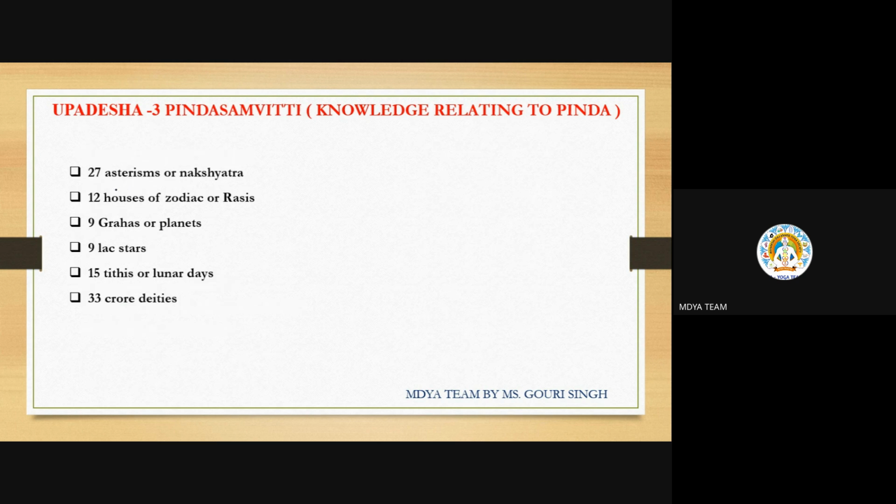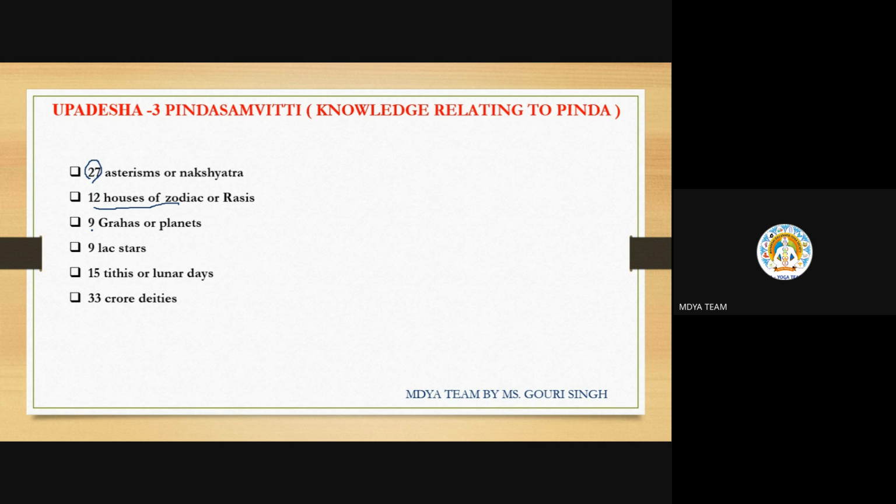Then next, 27 asterisms, meaning nakshatras, are also present inside our body. How many nakshatras are there? 27. And the 12 houses of the zodiac, meaning the rasis that we see in our society or in our nakshatra, those 12 rasis are also present inside our body.